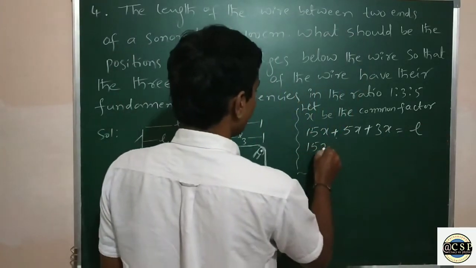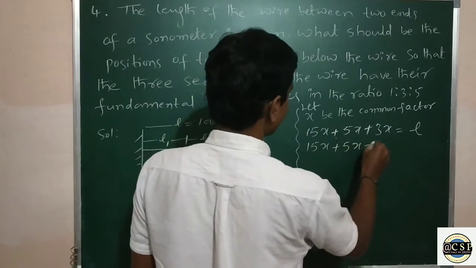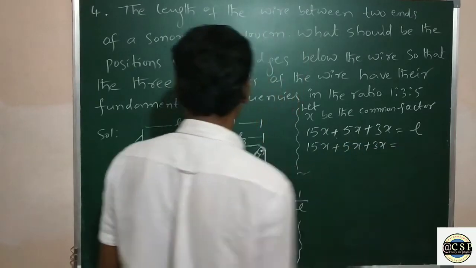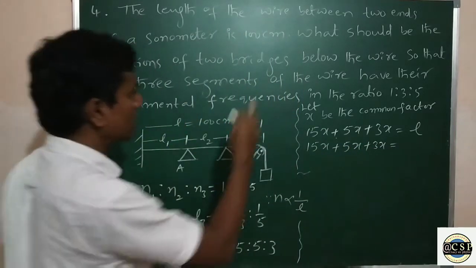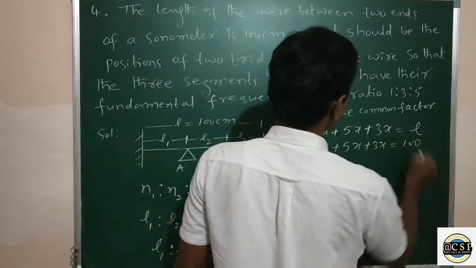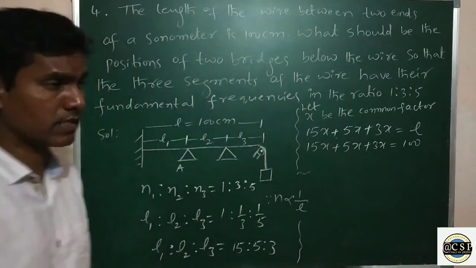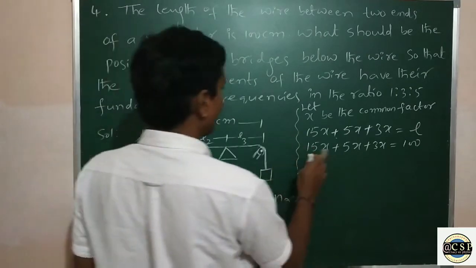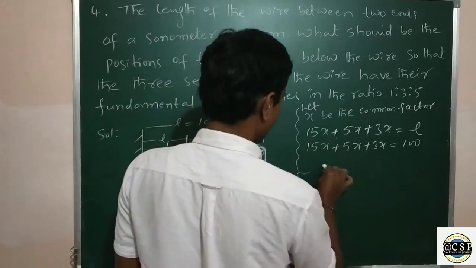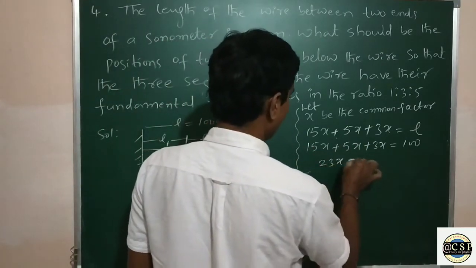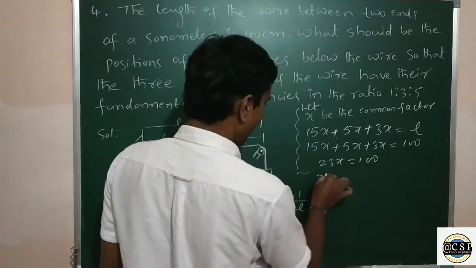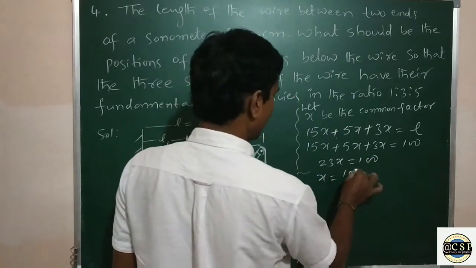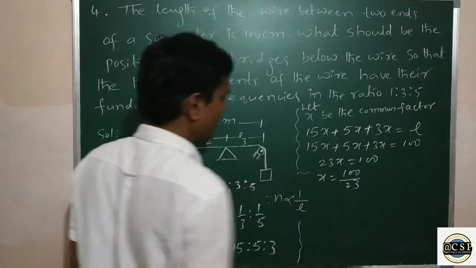The total length of these segments is given as 100, the length of the string. 15 plus 5 is 20, 20 plus 3 is 23, so 23x is equal to 100. We calculate x is equal to 100 by 23.